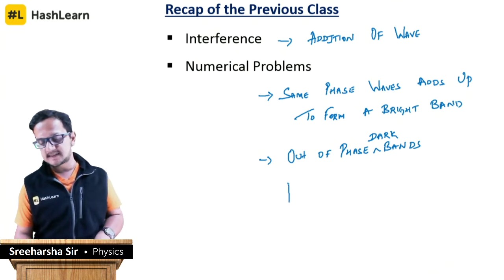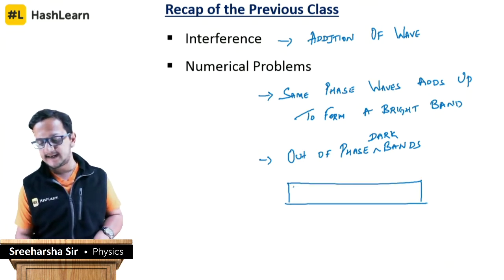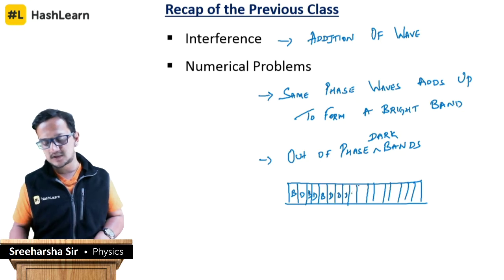So the pattern will be something like this. You will have alternate bright and dark bands of equal width. And we dealt with the conditions for bright and dark.